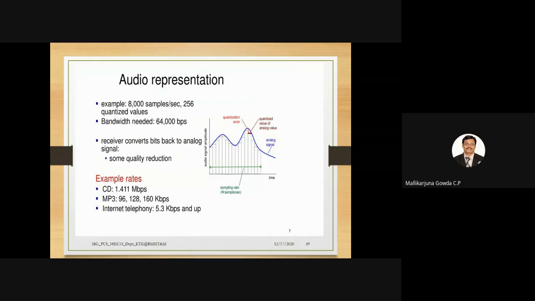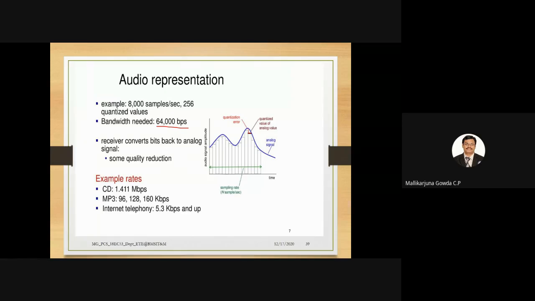That is the Nyquist criteria. Then each sample value will be represented with 8 bits. That is why 8 into 8, so you will get 64. So 64 kbps is the data rate for a voice signal over the telephone line. This is the bandwidth required for transmitting our voice over the telephone line.